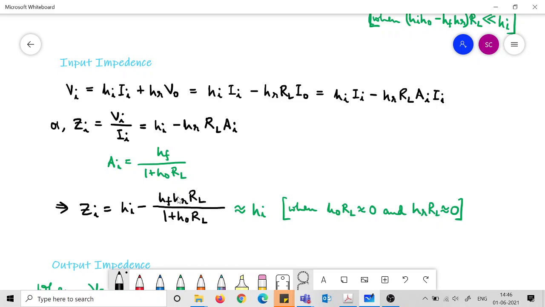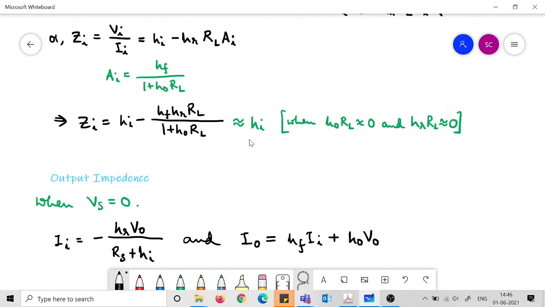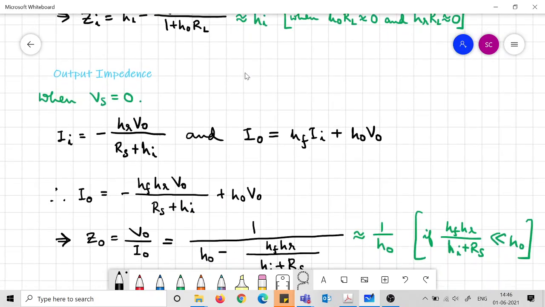So you will be able to neglect this term, and ZI becomes simply HI, which is the input impedance of the hybrid parameter. That is the same as the input impedance of the two-port network. What is the output impedance?